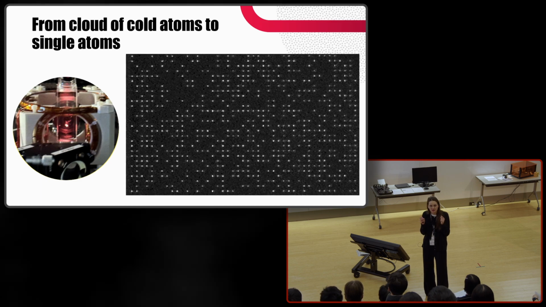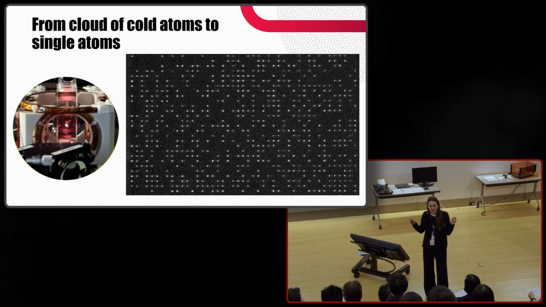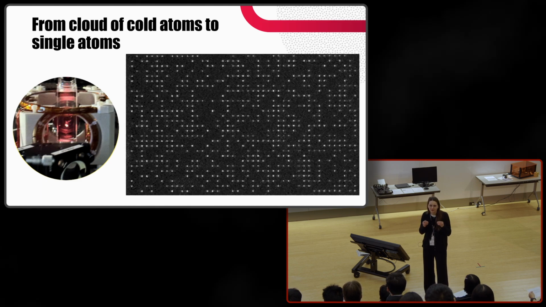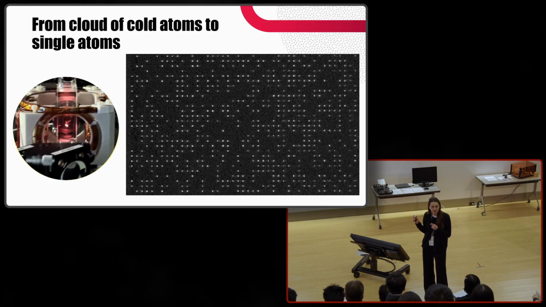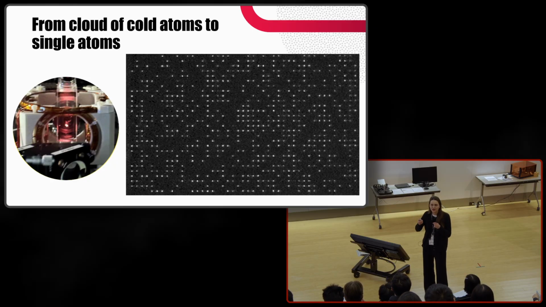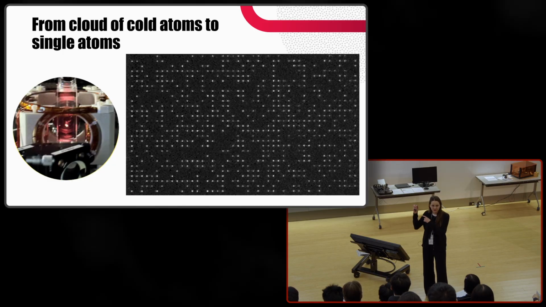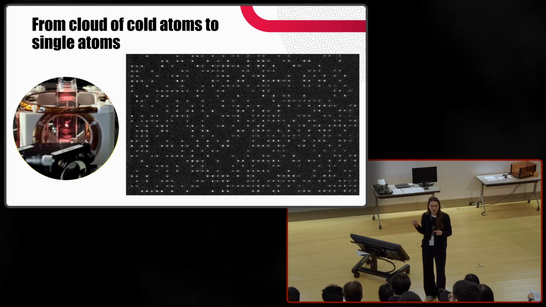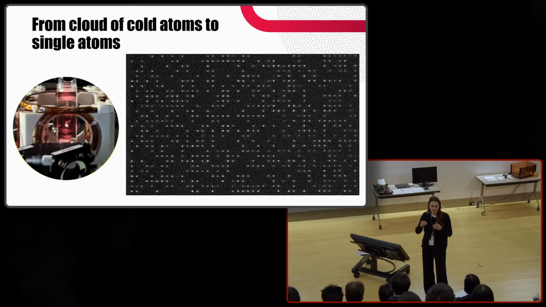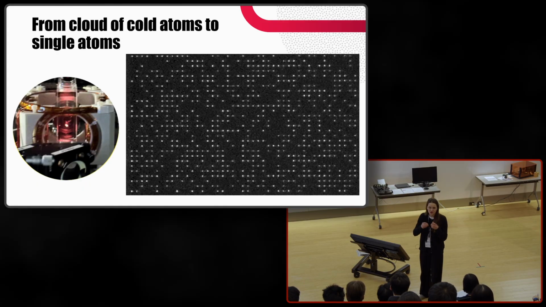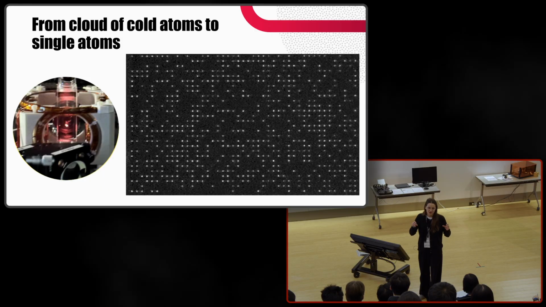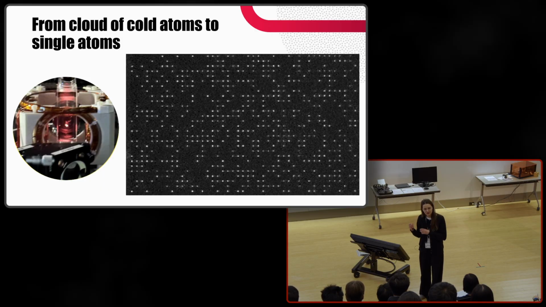But in reality, if we would like to hold them, there are always atoms still moving there, and atoms still scatter photons. Although we are working in vacuum, atoms still experience collisions with the background atoms or molecules inside the vacuum chamber, which leads to atoms leaving the area.